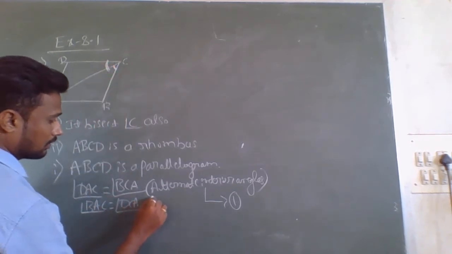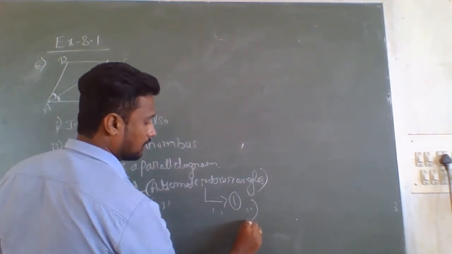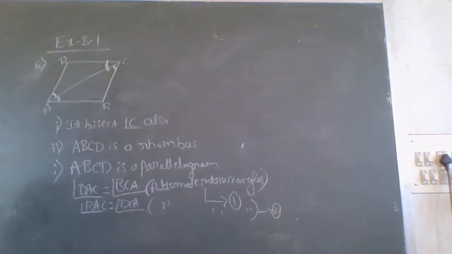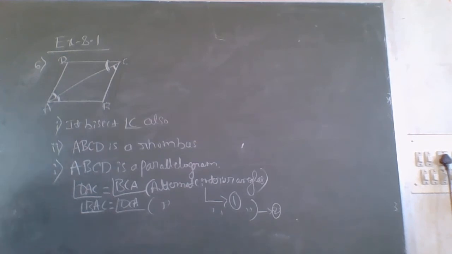So these two are also alternate interior angles. I will consider this as second. Because again these two are parallel lines and this is the transversal, or intersecting line, these two are also alternate interior angles.